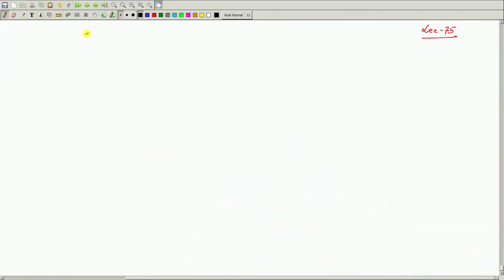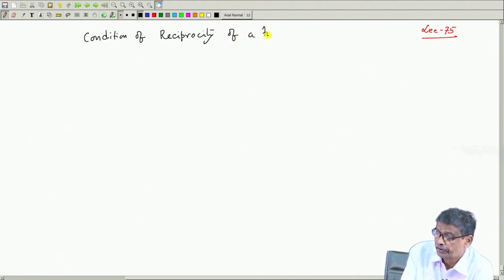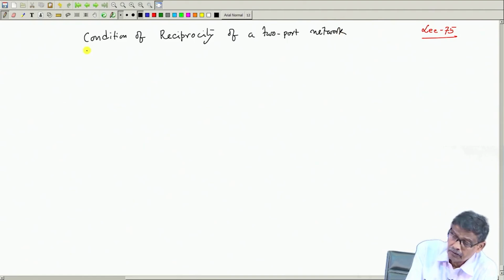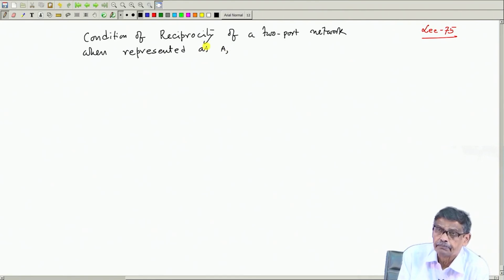Now, today I will discuss the condition for reciprocity of a two-port network when represented as ABCD parameters, or transmission line parameters.